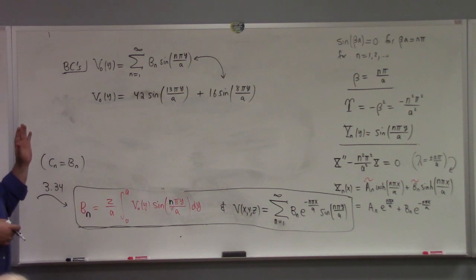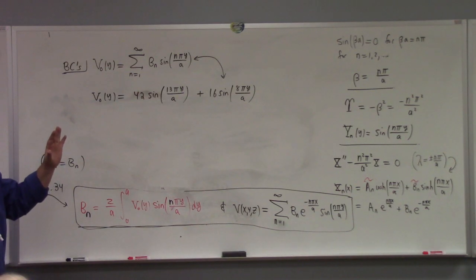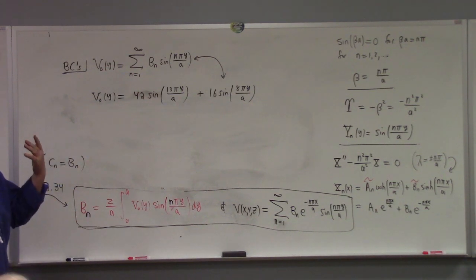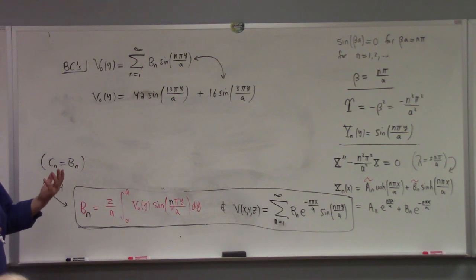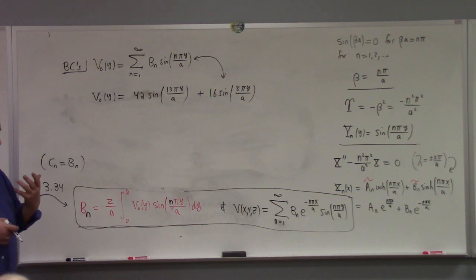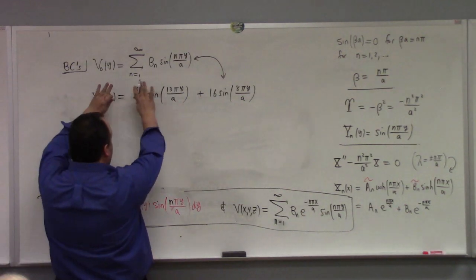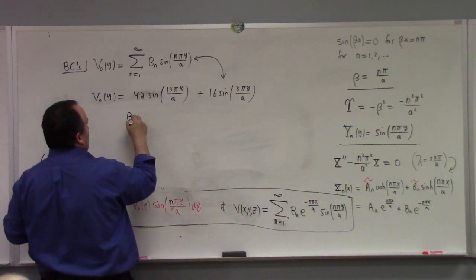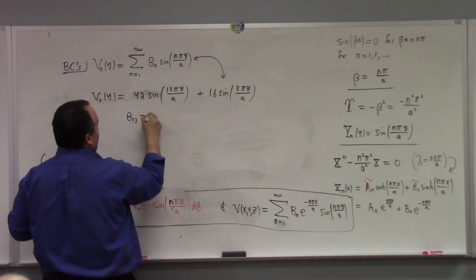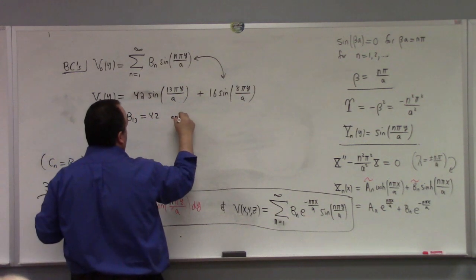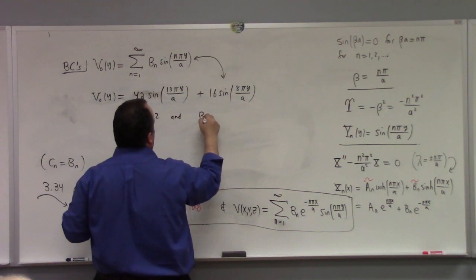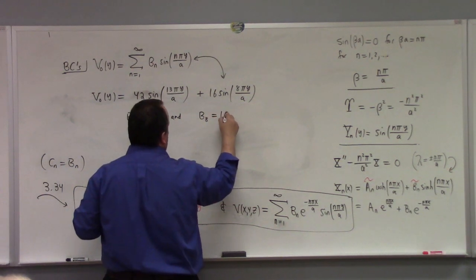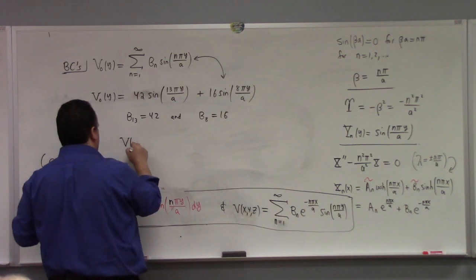If we multiply this on both sides by sine of an arbitrary value and then integrate from 0 to a, we will find that the coefficients have to match, because the integral of the product of the sines gives us a Kronecker delta, which is effectively like the dot product for these functions. But getting to the point, I can read from this that b sub 13 is 42, and b sub 8 is 16.